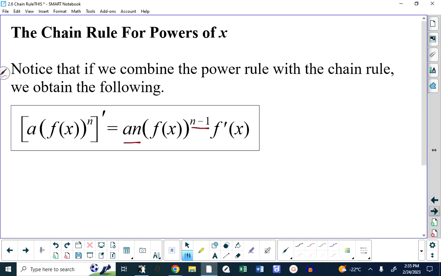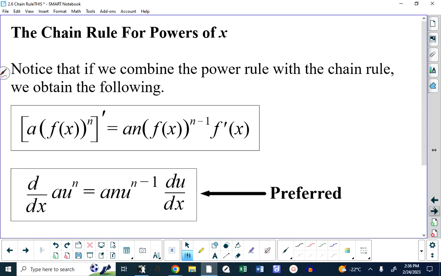You drop 1 from the exponent. The base remains the same. No matter how big or complicated it is, it stays the same. Then you multiply by the derivative of what's inside. And that's often what you'll see in textbooks. Multiply by the derivative of what's inside.